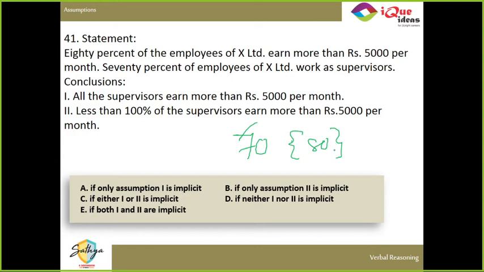So either all of them earn 5,000 or not all of them earn 5,000. One of these two cases is definitely true. Either 100% or not 100%. Either one of them is definitely true. Do you get that?